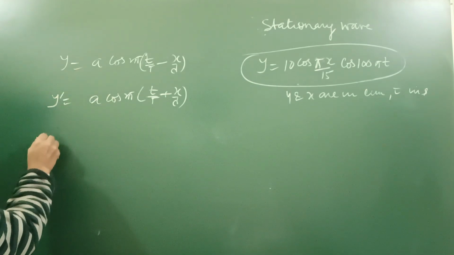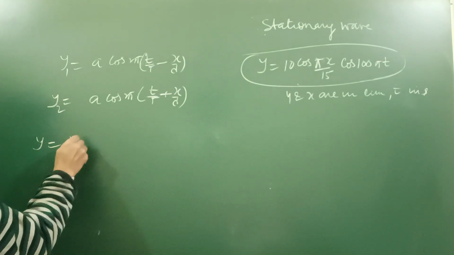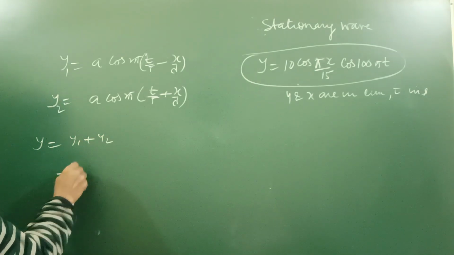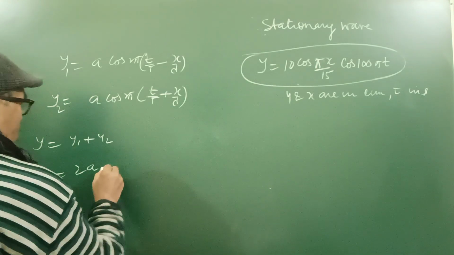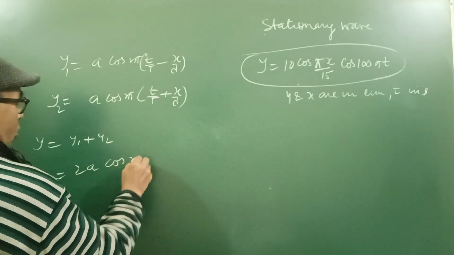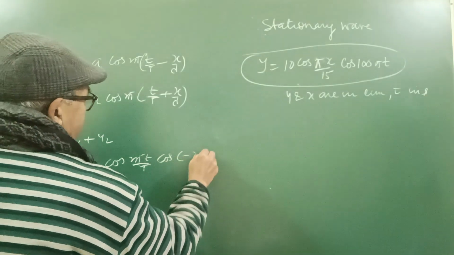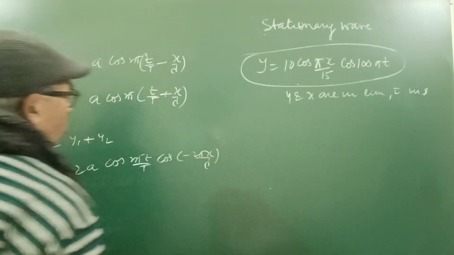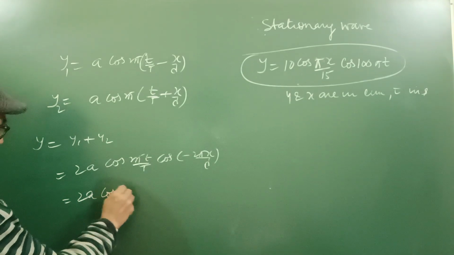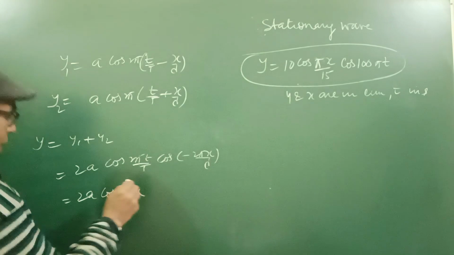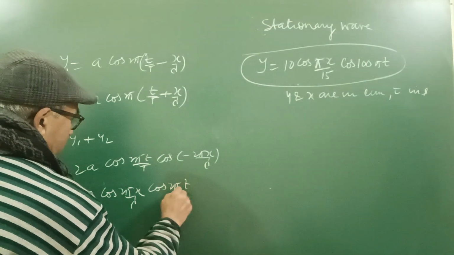So y will be y1 plus y2. So it will be 2a cos ((C plus D) by 2), so 2a cos 2 pi x upon lambda or cos 2 pi t upon T, since cos minus theta is equal to cos theta.